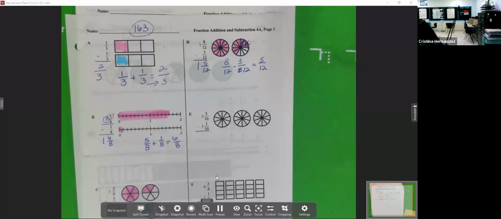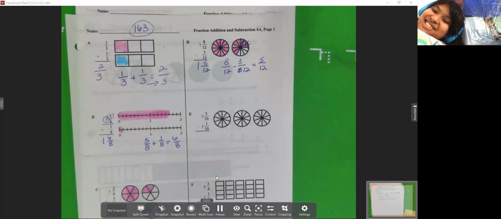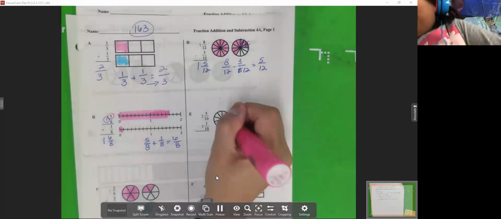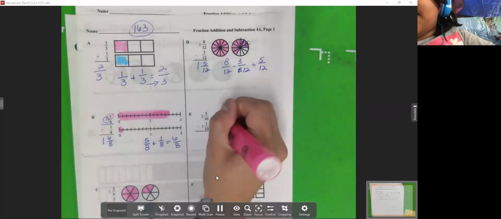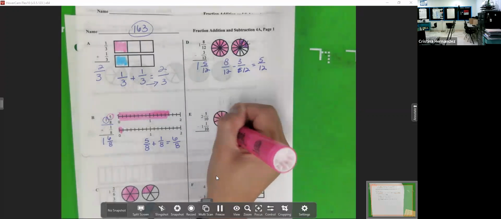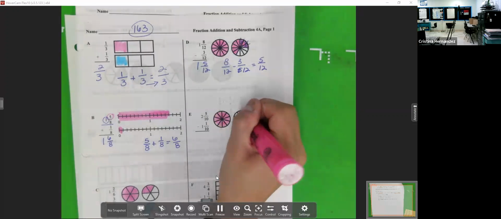All right. The next one. How many wholes am I going to shade in? 2 wholes. So 2 wholes and 5 tenths.